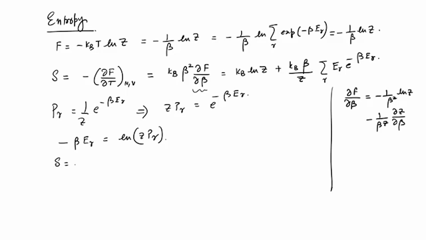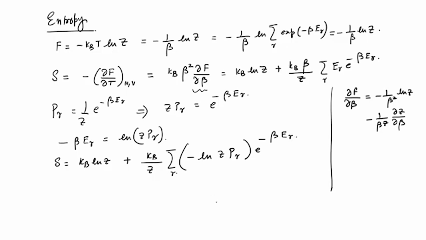And so S is equal to k log Z, the first term there, and the second term can be written as k over Z sum over r of minus log of Z P_r times e to the power minus beta E_r.